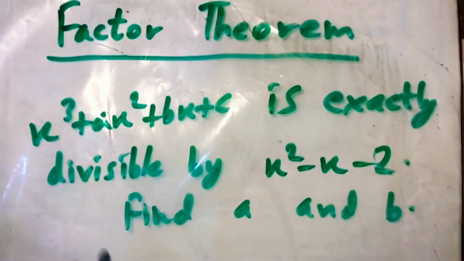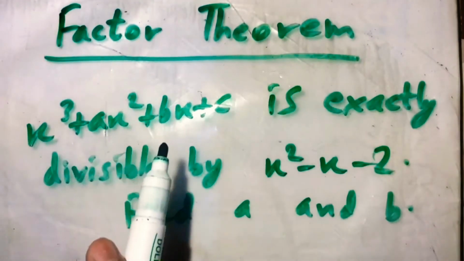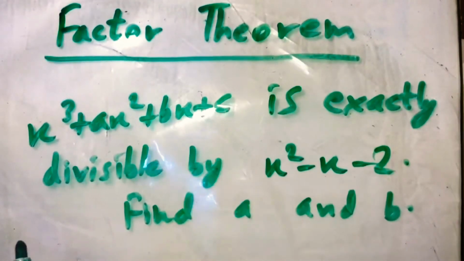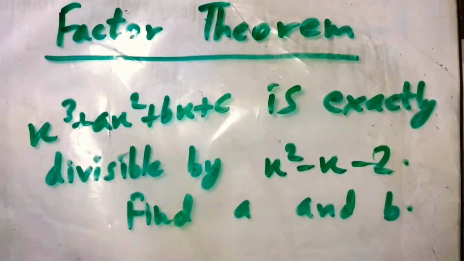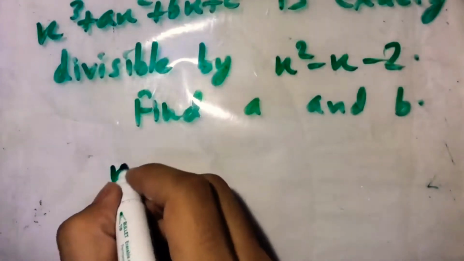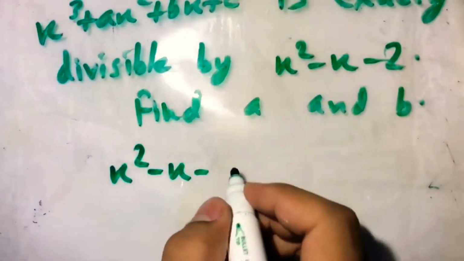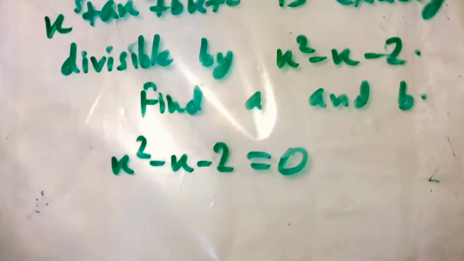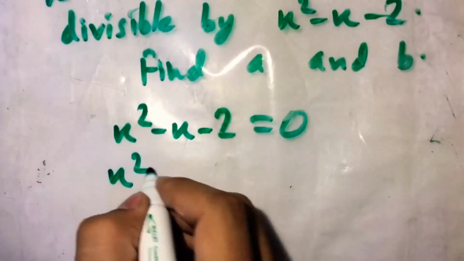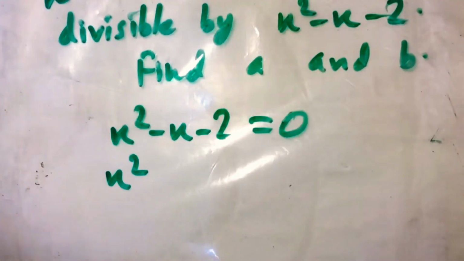So in this question, x cubed plus ax squared plus bx plus c is exactly divisible by x squared minus x minus 2. So we'll equate x squared minus x minus 2 with 0. To find the values of x, we'll have to use middle term breaking.